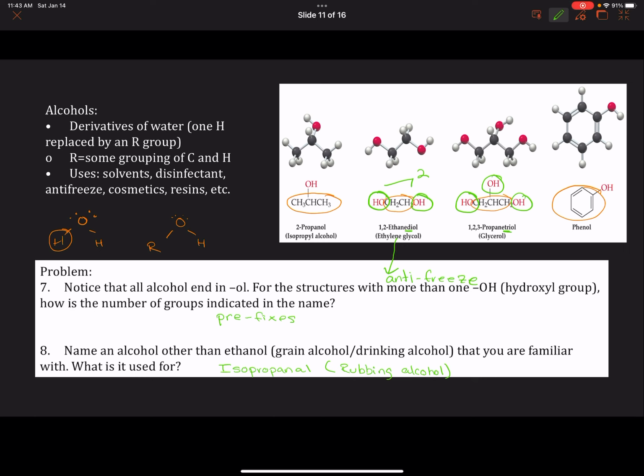They're very often used as disinfectants. Again, antifreeze, that ethylene glycol. We find them in cosmetics and resins and so on. And again, having that OH group is going to allow it to be used in these different situations. It's also going to impart particular types of chemical reactions, which you would get into in more detail in an organic chemistry class.